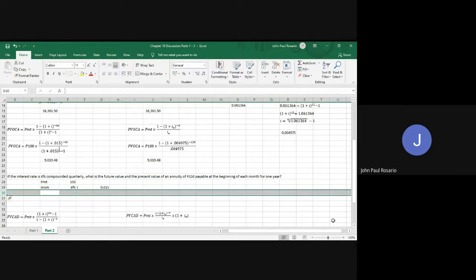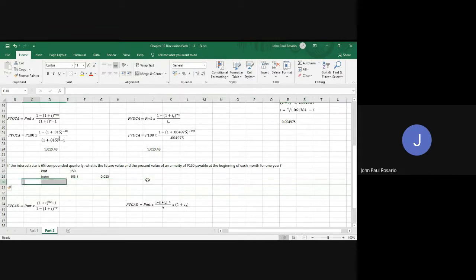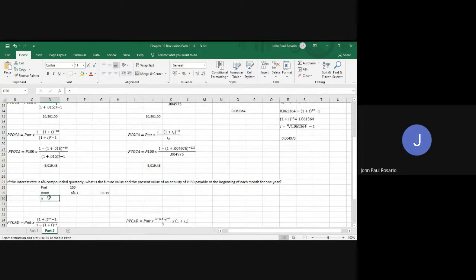Okay. What else? Our N here, our number of total payments throughout the term of the loan. So our term of the loan is 1 year, and our payment is made at the beginning of each month. So that's 12.